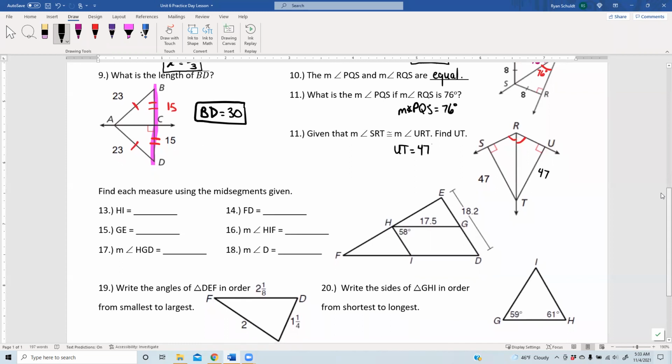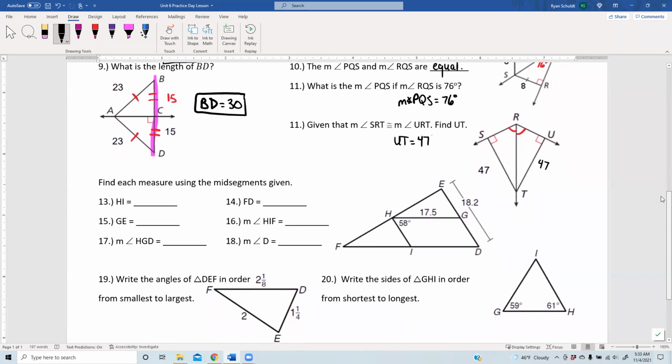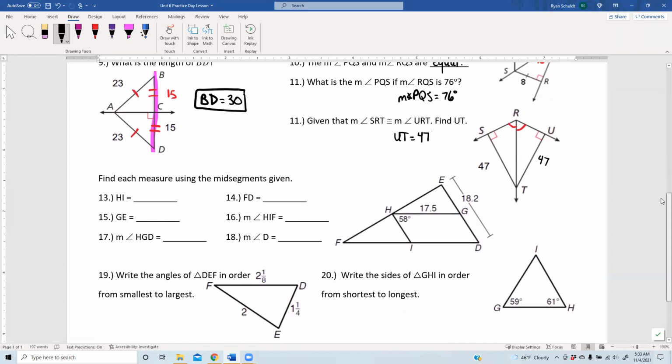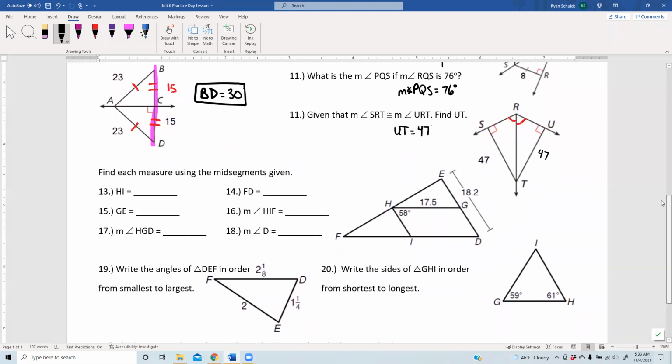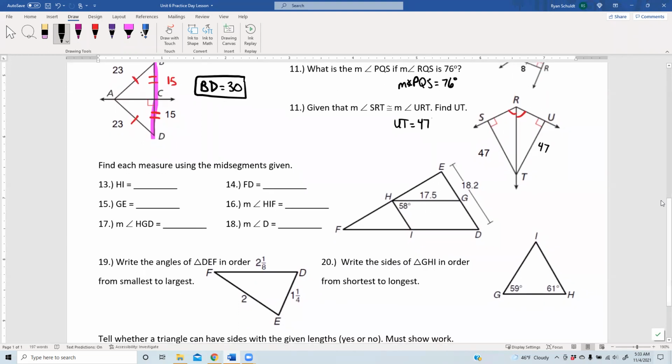UT is 47. Okay. For the next 6, we're going to use this diagram on the right. Find each measure using the mid-segments given. There's going to be a lot going on here. First, it wants to find HI. HI is this one.